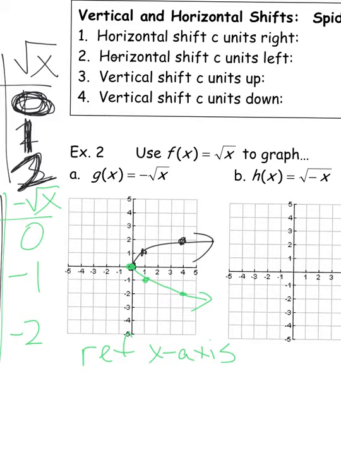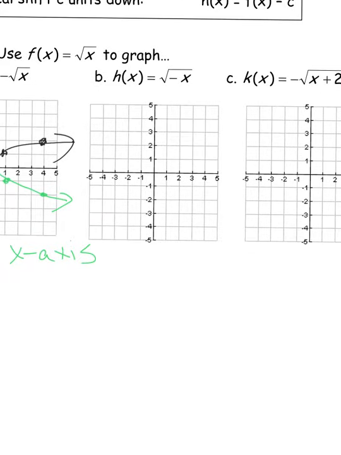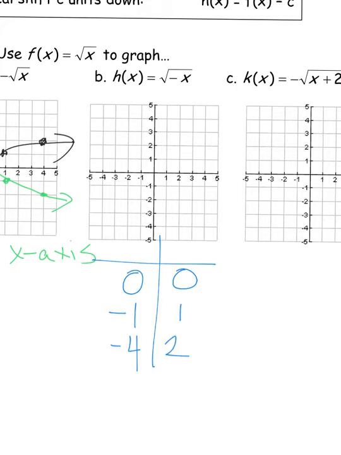Now, for the next one, if we plug in a positive 1, we'd have root negative 1, so we have to plug in negative 1 to get a positive 1 out. Similarly, we plug in negative 4. The square root of 0 is 0, the square root of positive 1 is 1, and the square root of 4 is 2. Now we have 0, 0; negative 1, 1; and negative 4, 2, which gives us a reflection about the y-axis.